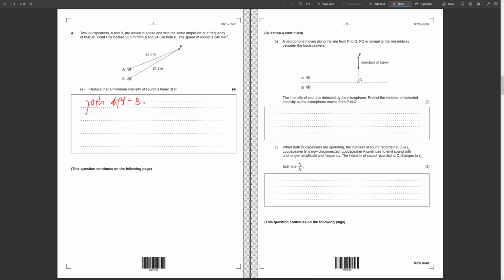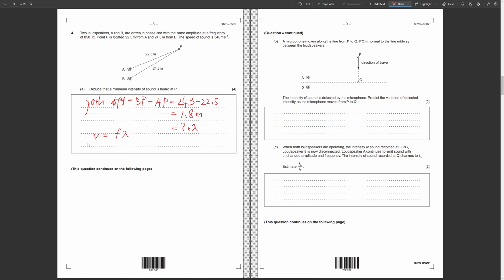Let's begin with a title, path difference. It is the longer path BP minus the shorter path AP. Numerically it is 24.3 minus 22.5, so it gives you 1.8 meter. 1.8 meter is equal to a certain number of wavelengths. The wavelength is deduced using v equals f lambda.